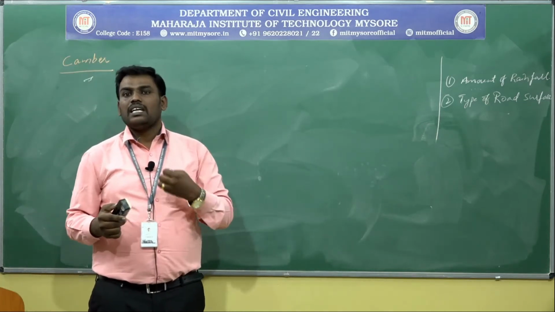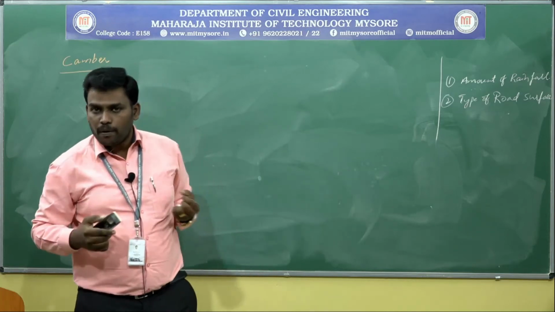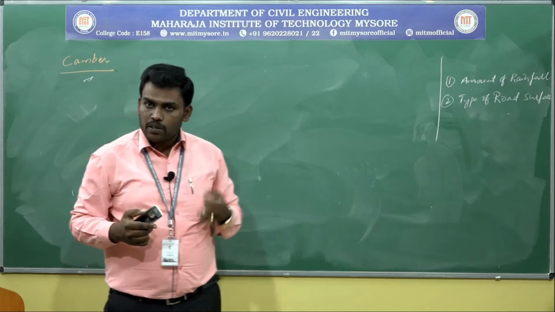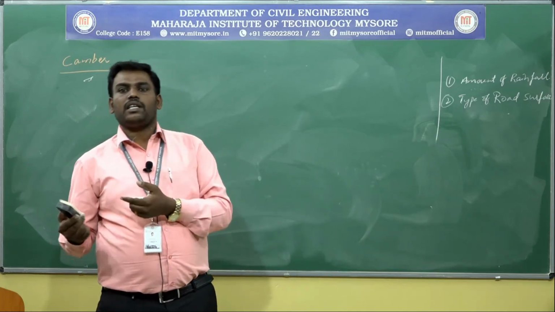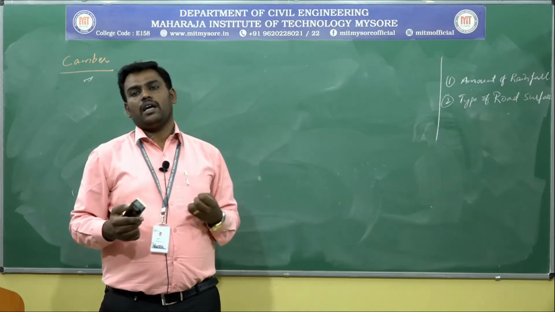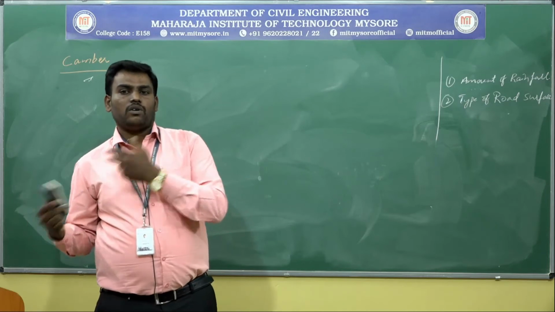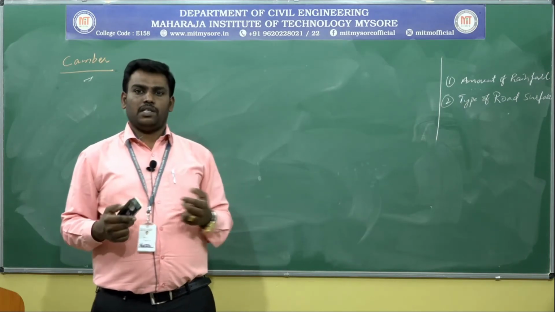Okay, these are the three disadvantages of providing excessive camber. What is the first one? It may cause discomfort for the road users, when vehicles move on the crown, particularly in overtaking operations.